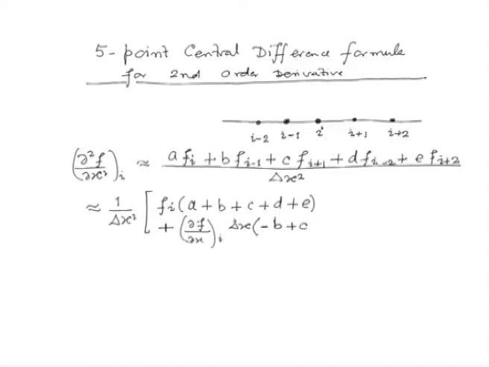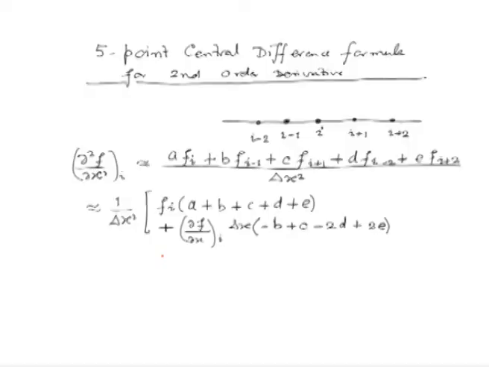For f_{i-2}, the difference is minus 2Δx, so we get minus 2d, and similarly the contribution from the expansion of f_{i+2} would be 2e. So that completes our collection of the terms from the expansion which have ∂f/∂x in them.